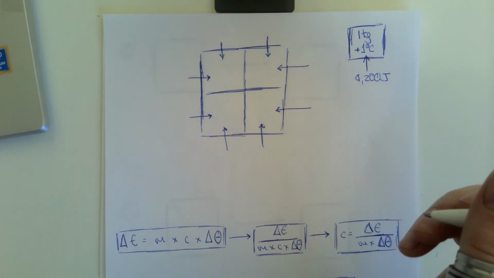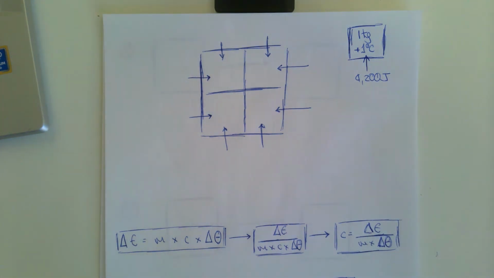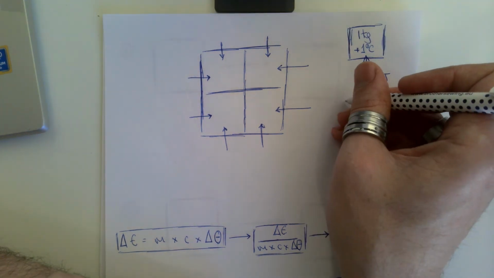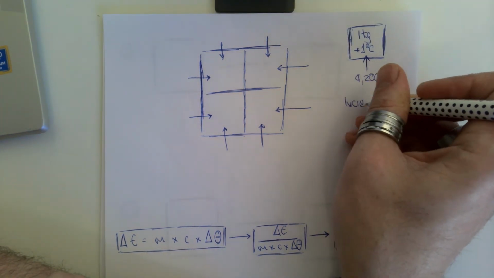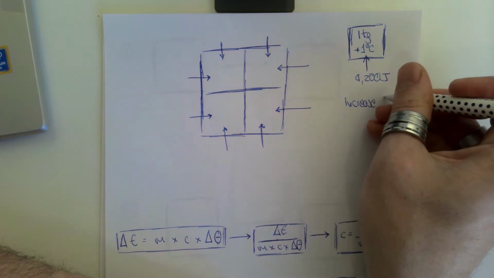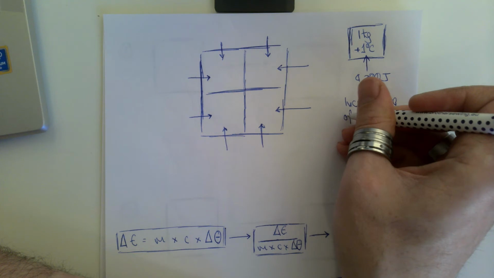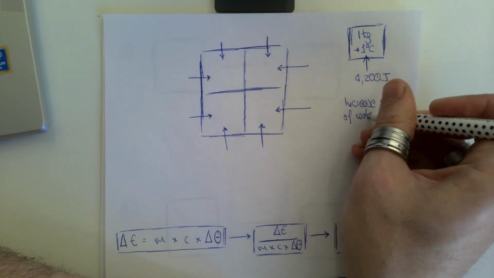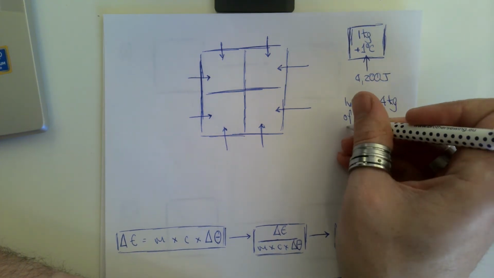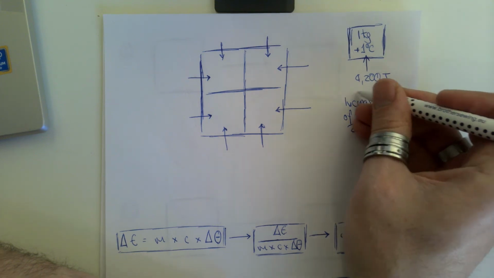Now, question is, what would happen, for example, if we wanted to increase 4 kilos of water by 2 degrees Celsius?